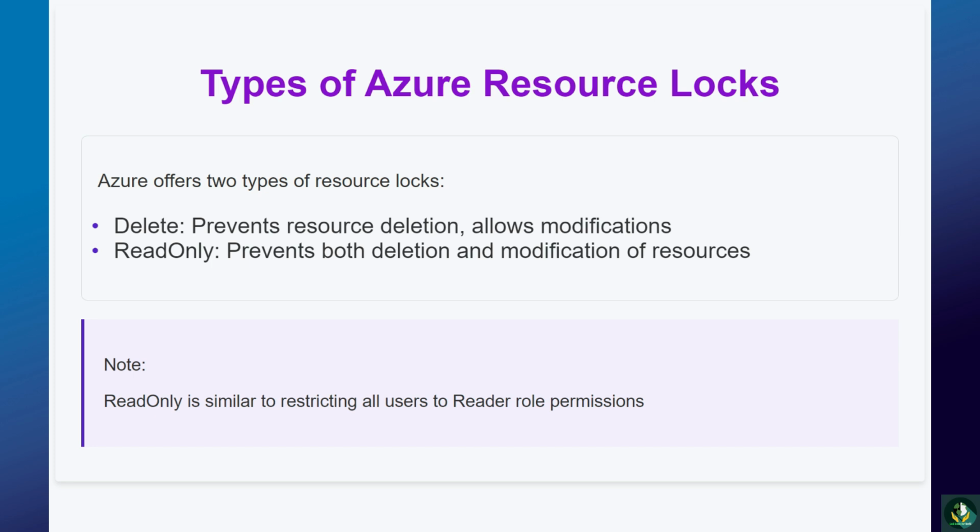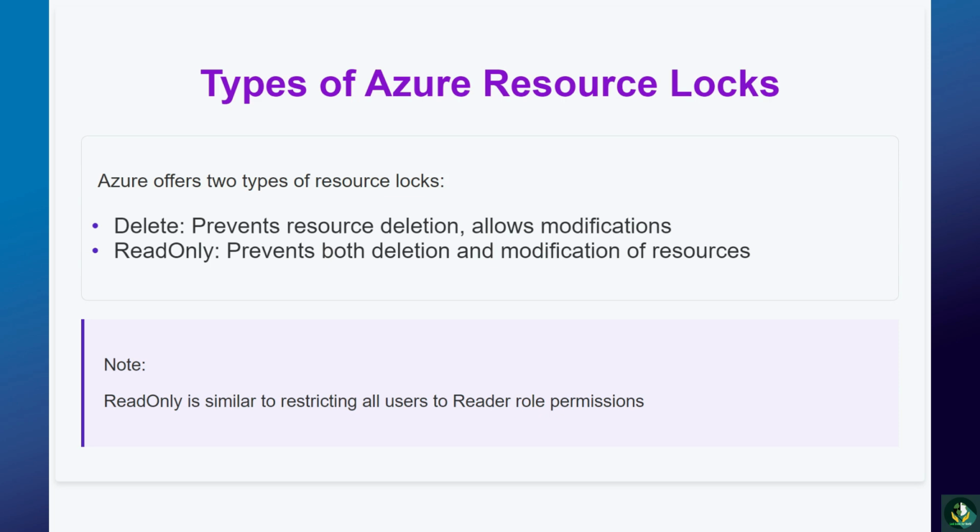It's worth noting that these locks apply even to users with high-level permissions. This means that even administrators or owners of a subscription or resource group will be prevented from deleting or modifying, in the case of read-only, locked resources unless they explicitly remove the lock first. This feature ensures that critical resources remain protected even against accidental actions by privileged users.